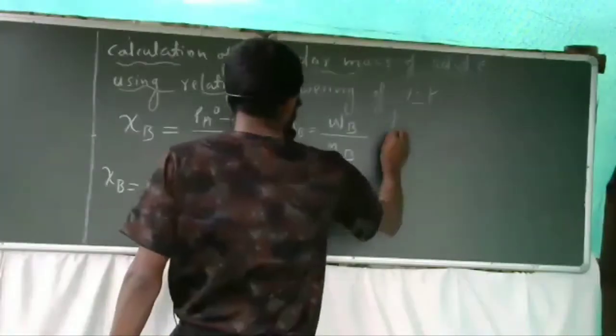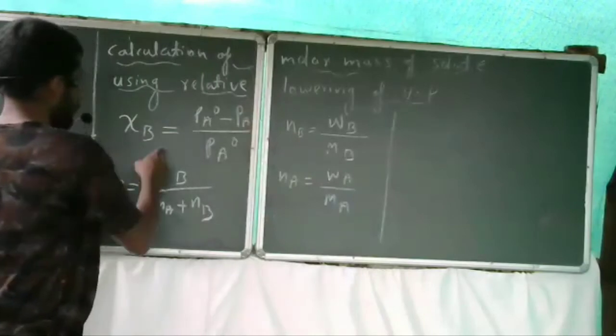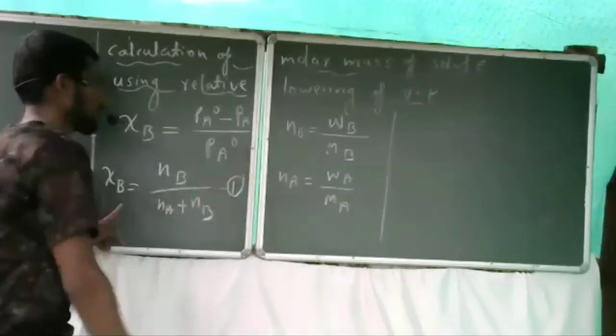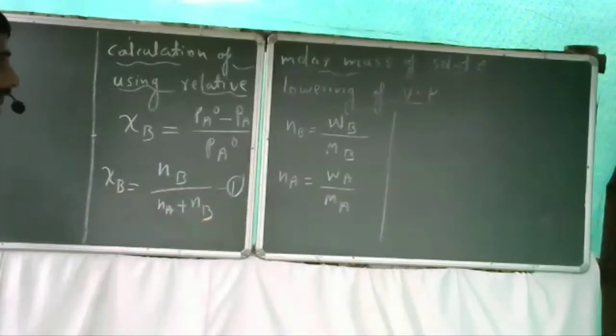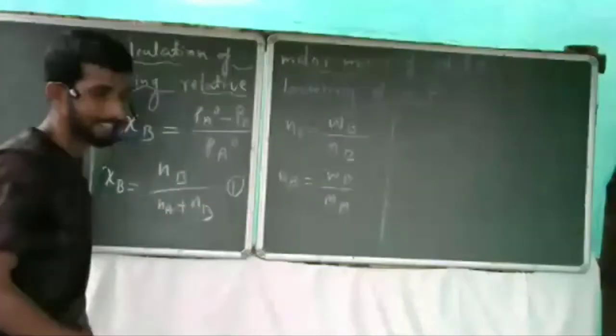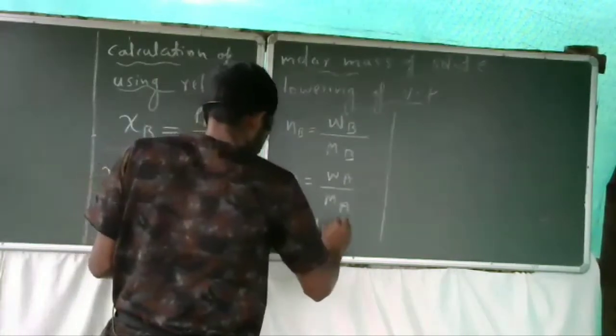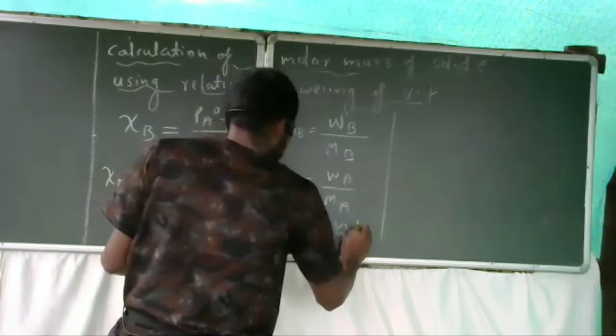Then substitute these two expressions in equation number 1. One more point: we can write Na plus Nb as almost equal to Na.